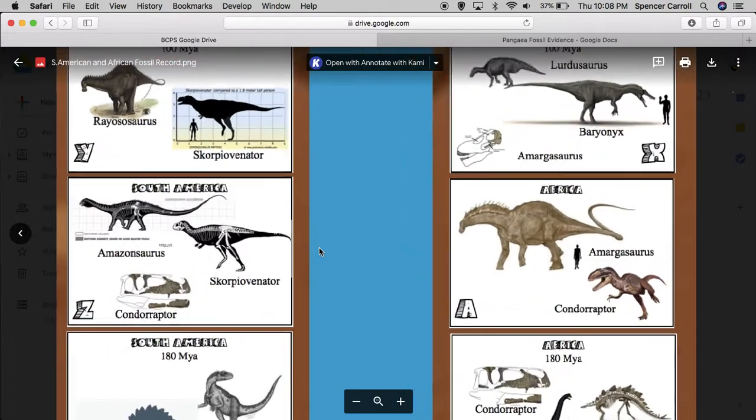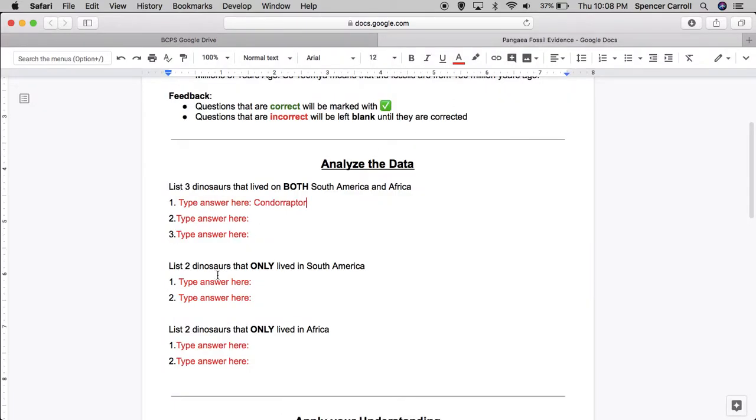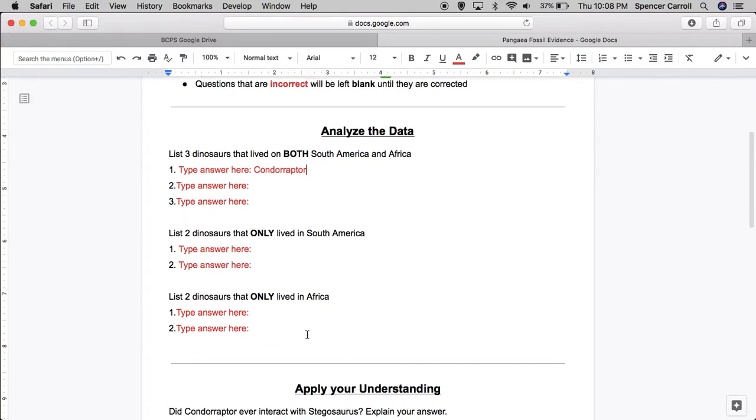So if I came down further, for example, Condoraptor would not be a good example because it's in Africa and South America. And Stegosaurus is also not a good example because it lives in South America and Africa. So I could look for a dinosaur that only lives in South America. And in fact, I'm going to do the same thing for those dinosaurs that only lived in Africa.